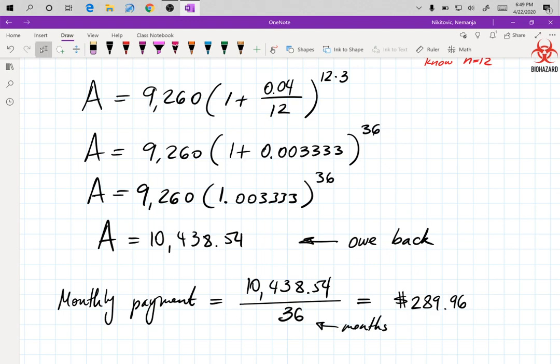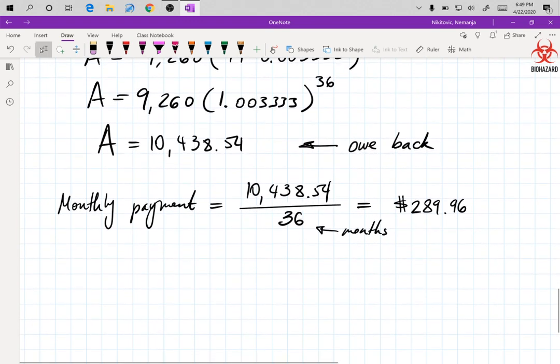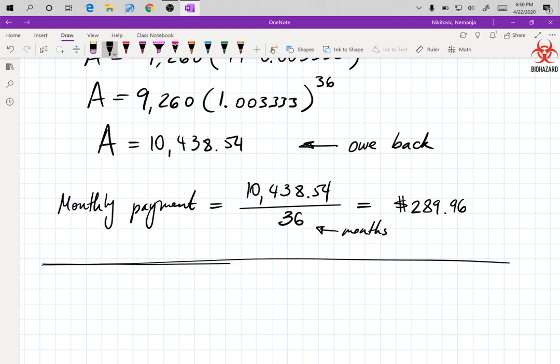Now, this class and this section doesn't deal with mortgages because mortgages are not the same as these loans. See, for mortgages, you first are paying insane amount of money into interest, and then you start paying back for the actual house.